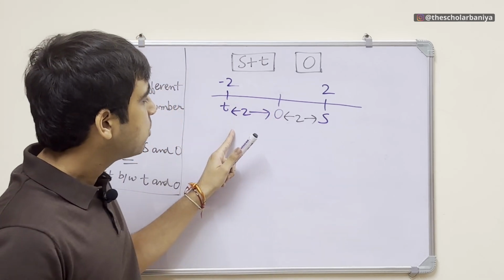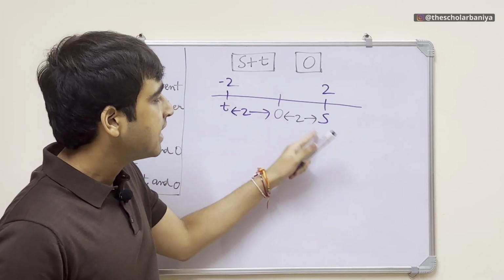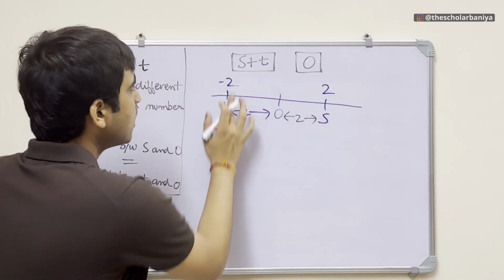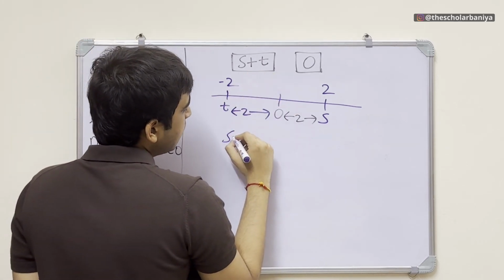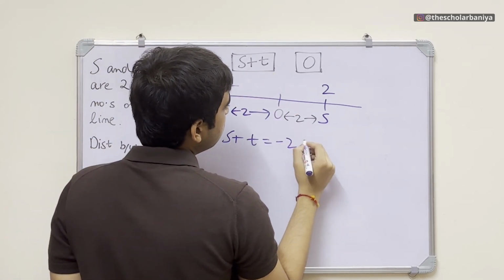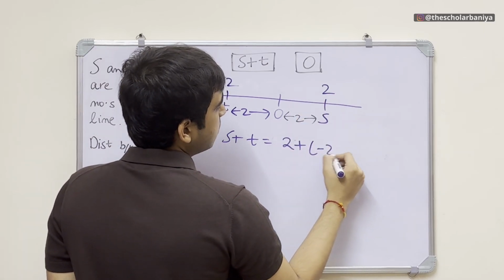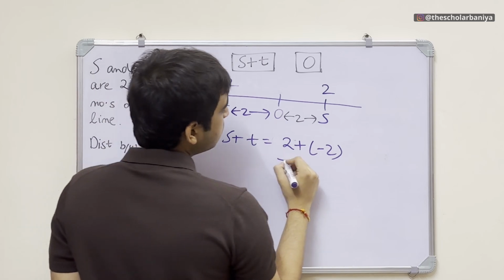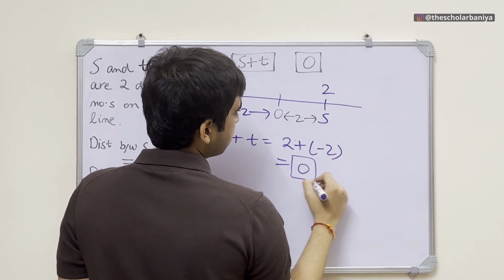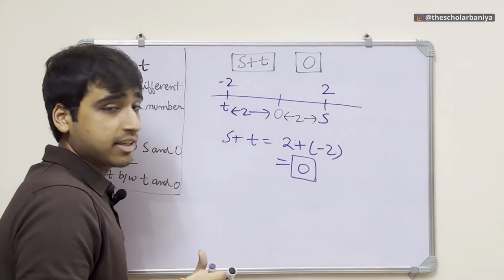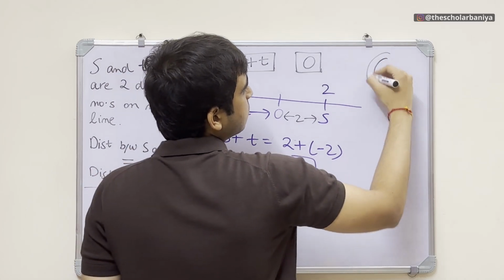This is on the left side of 0, so this will be minus 2, and this is on the right side, so this will be plus 2, right? So what will be S plus T? S plus T will be minus 2, S is 2. So 2 plus minus 2, because T is minus 2, so this comes out to be 0, right? So your answer becomes C.